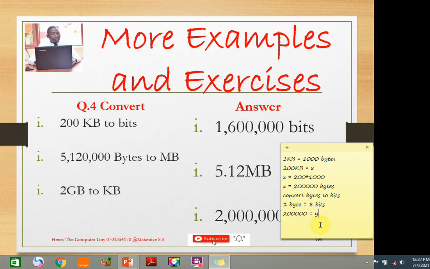So our y is going to be equal to 8 times 200,000, giving us an answer of 1,600,000 bits. That is how you can go about that.